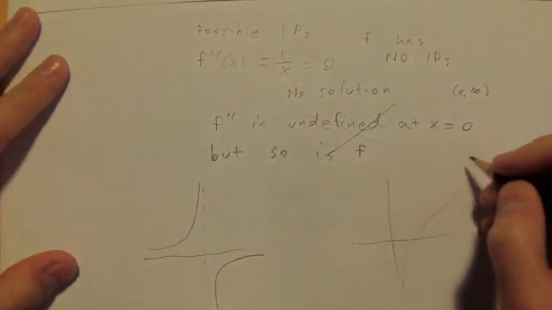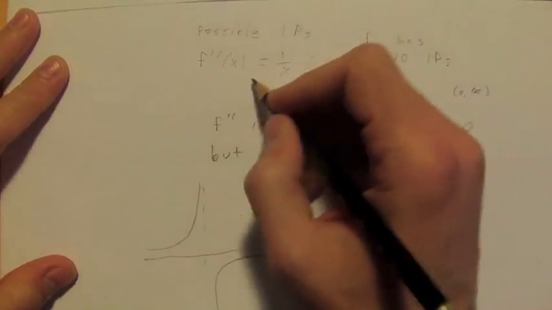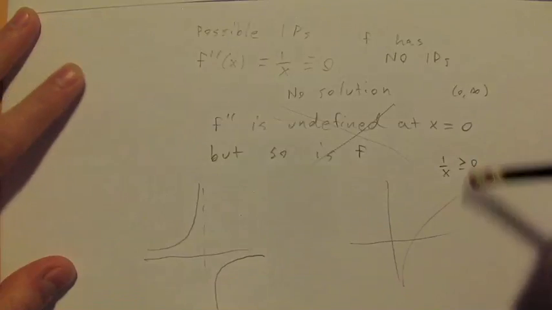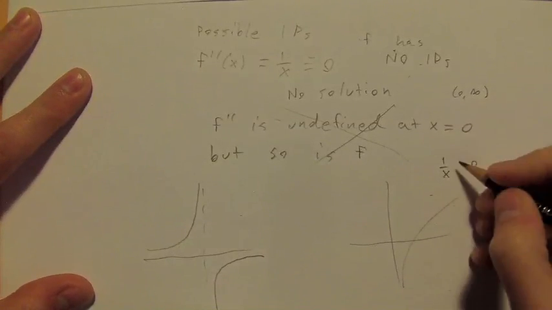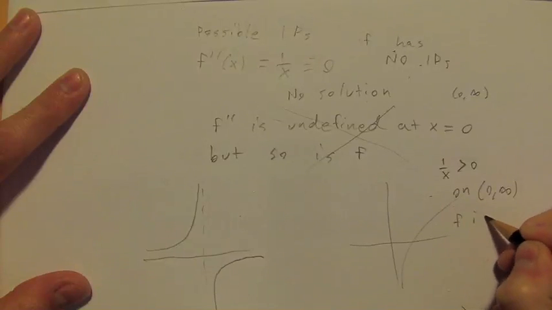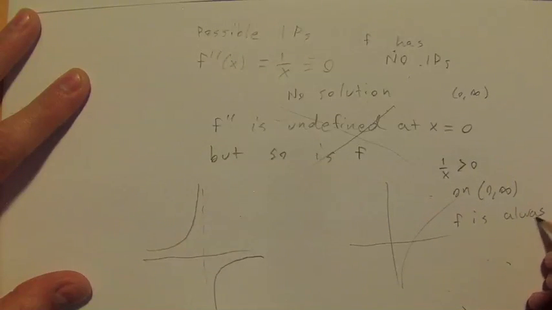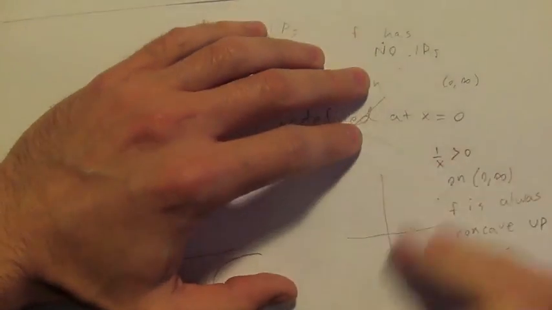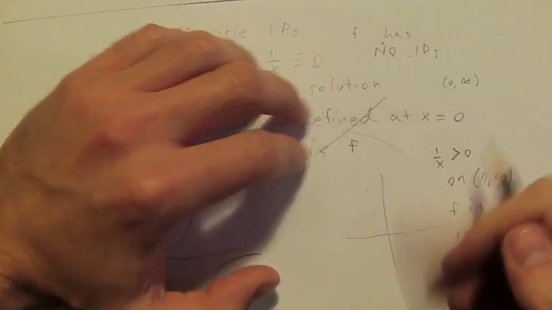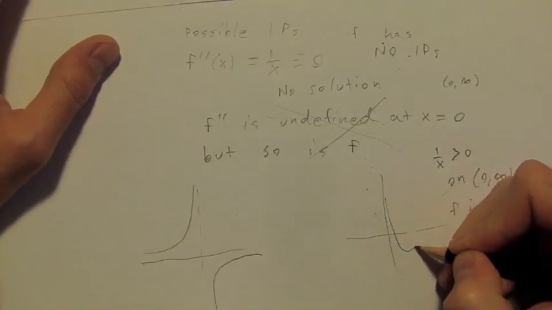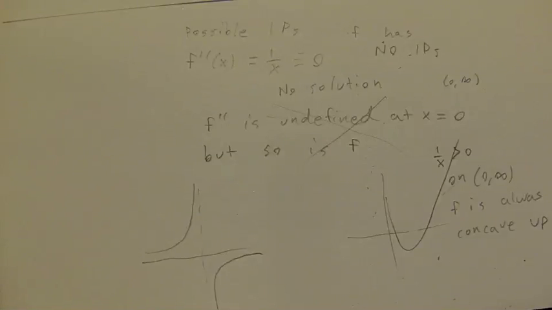So 1 over x is always positive on 0 to infinity, so f is always concave up. So the way I drew it here is actually wrong. It probably looks a little more like this, when it's all said and done.